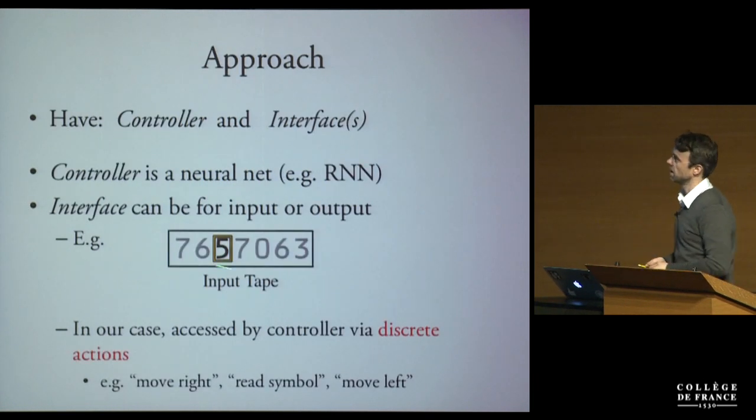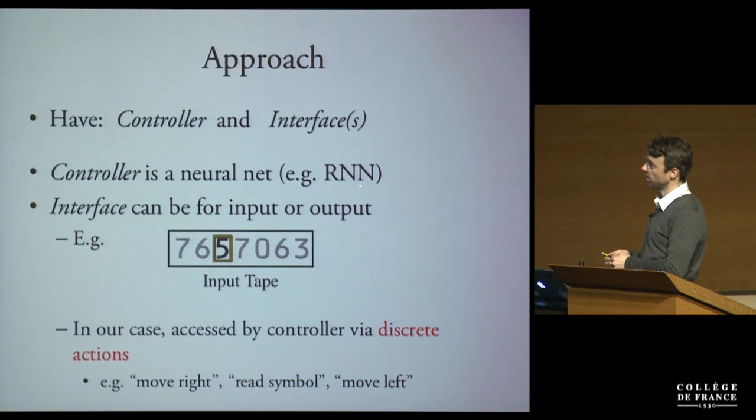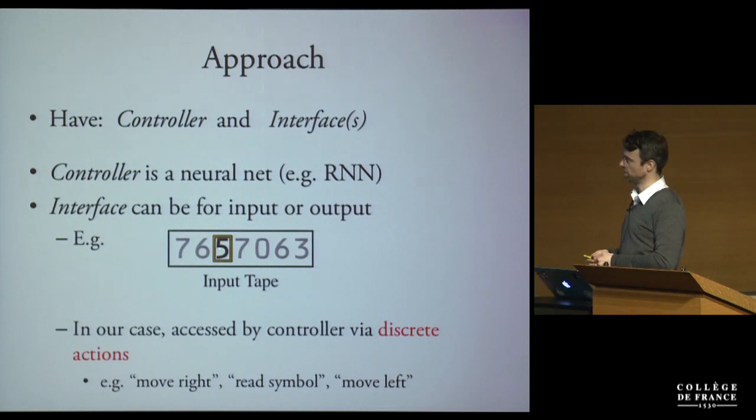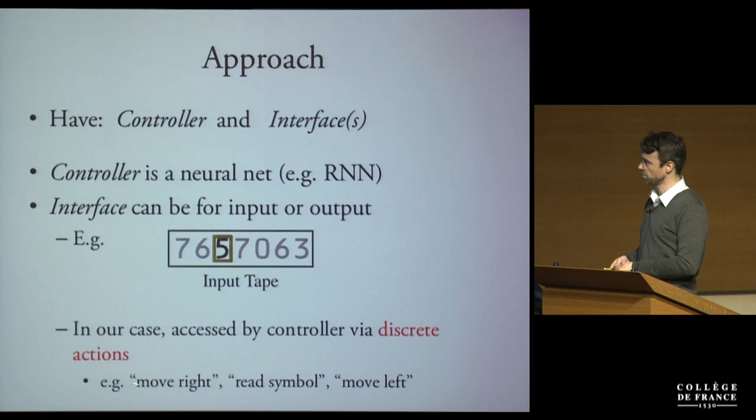Just as before, we're going to have a controller, something like a neural net, like an RNN, effectively. And the interface is now this much simpler one than we looked at previously. It's just a simple tape or grid where we can access a single symbol, in this case the symbol 5, at any given time step. The controller can move this around, move left, move right, or read the symbol.